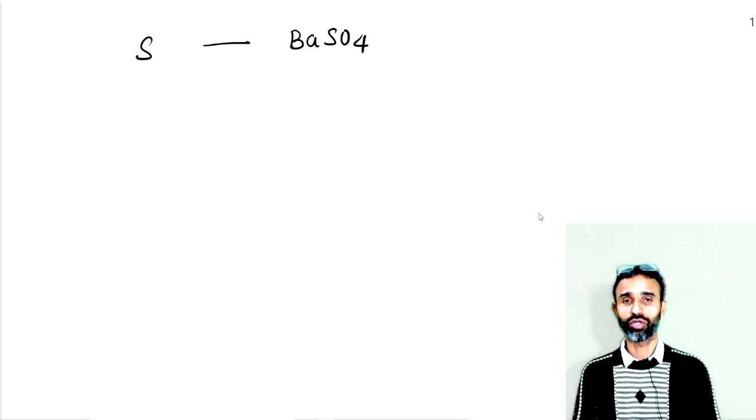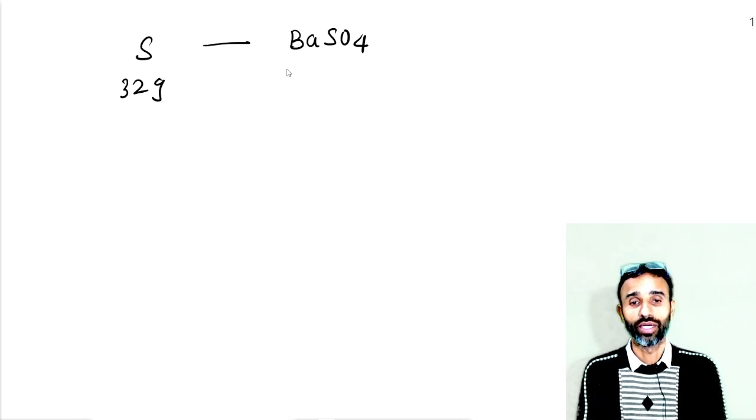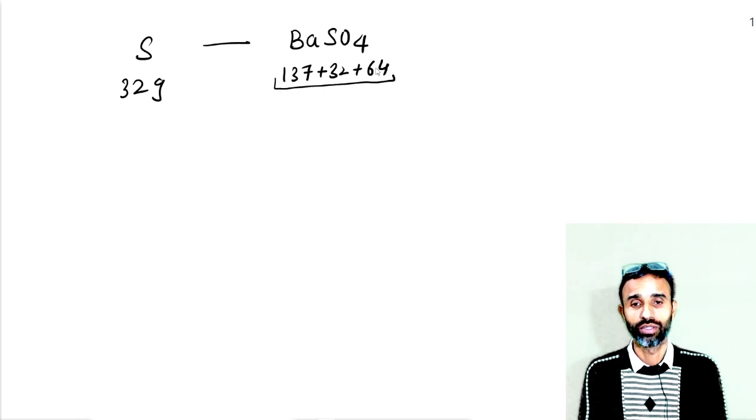This method is also called Carius method. So sulfur, it is 32 gram. Yes. And barium is 137. 32 plus 16 4 is 64. So it is 233. Yes.